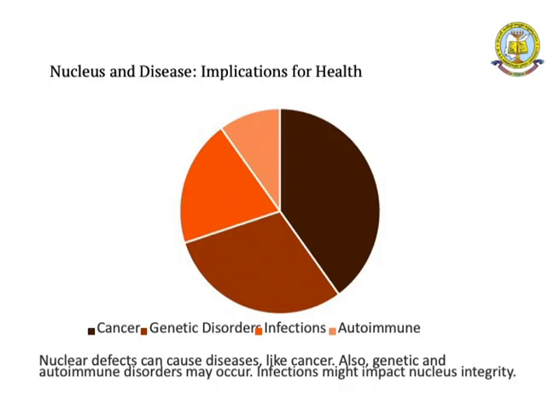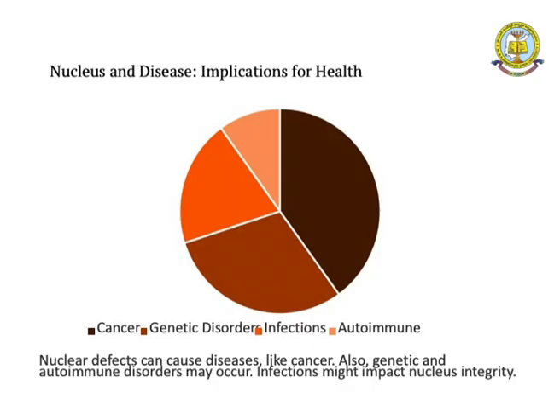Genetic diseases can affect the nucleus. Nucleus and disease have implications for health. Approximately 30 to 40% of cancer can affect the nucleus. Next are genetic disorders, infections, and RNA; all are factors that can affect the nucleus.